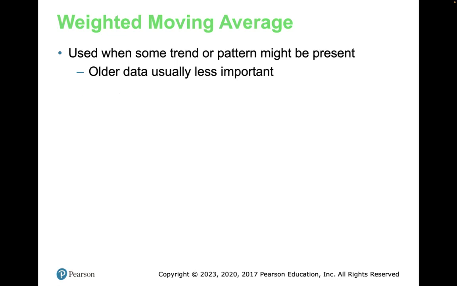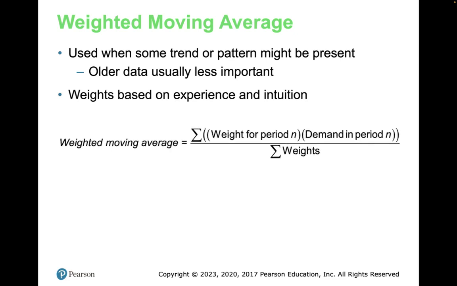Now, how do we actually calculate the weights? This is where the art of forecasting comes in. We rely on some qualitative, experience-based forecasting to say, I think March is a more important month than February, and so on. We'll talk about that later, but for now, just understand the formula here.